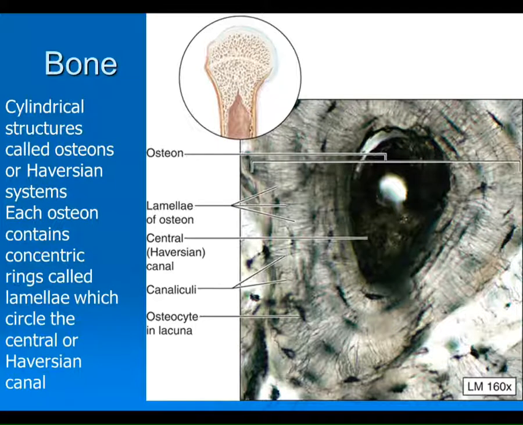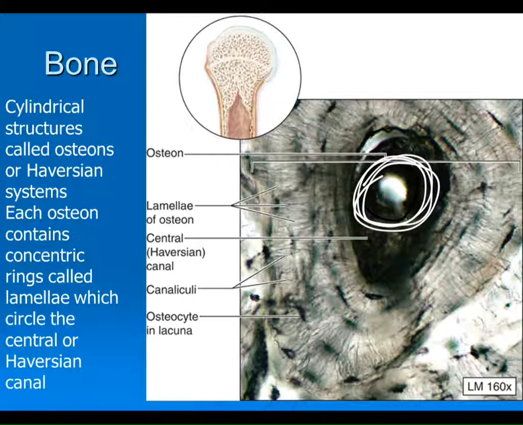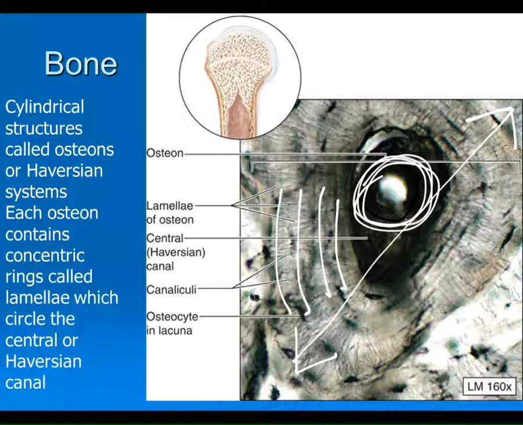So we see a beautiful picture here of a bone, and in the very, very center, we have the central canal, and in there would be blood vessels and nerves traveling through there, and then around it, the entire structure from edge to edge would be an osteon, but the osteon is really more of a cylinder, so this is a cross-section through it. The cylinders are tall cylinders, and we see those layers, and each of those layers is a lamella.